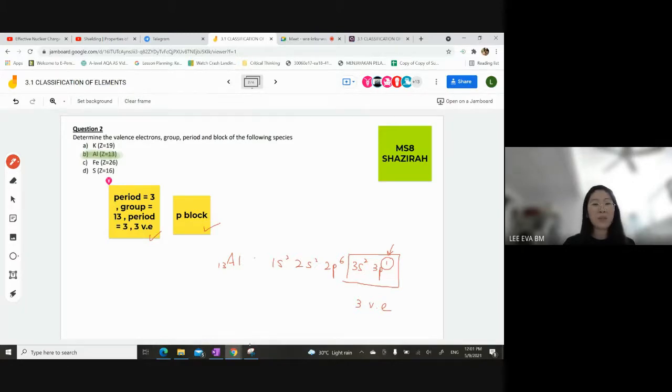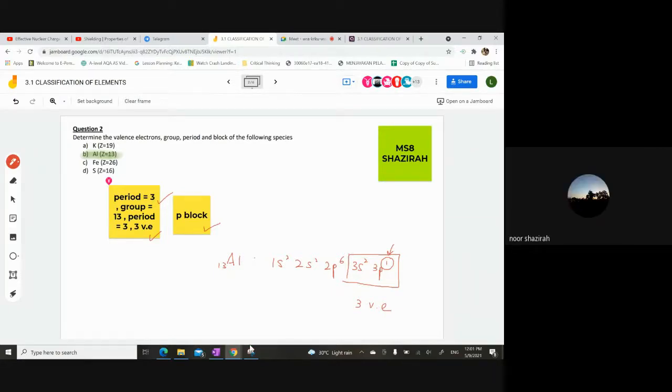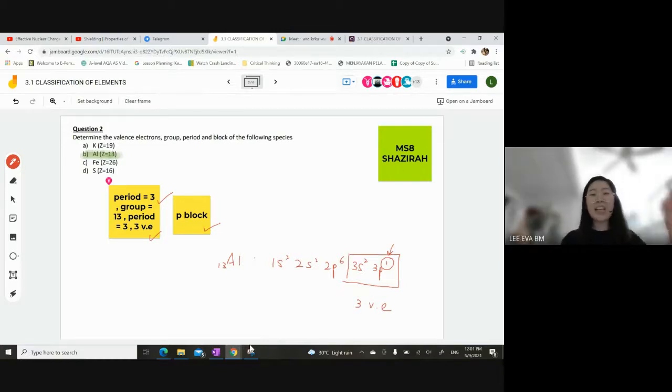And the period also correct, the highest value of n in this case is 3. So Shazira, actually you got the correct answer. Apa beza s block dengan p block? Kalau s block, last electron entering s. Sekarang dekat sini, walaupun valence electron kita bulatkan semua, tapi yang last dekat p, sebab kita ikut Aufbau. Masukkan 3s baru 3p, dan seterusnya. So last electron, elektron yang ke-13, masuk dekat 3p. So kita ikut yang last kali saja. Jangan tengok yang lain.